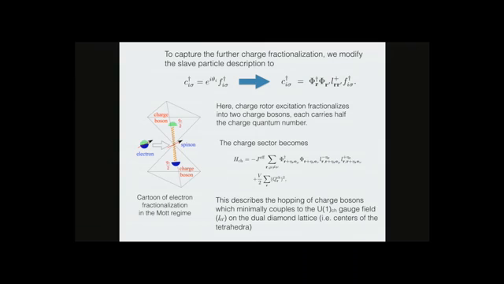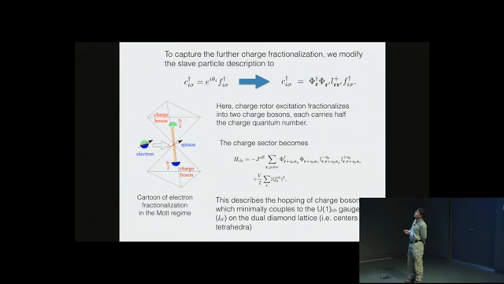To capture this extra charge fractionalization in the charge sector, we need to modify the slave particle description from this slave rotor formalism to this more complicated slave particle description. Here, the charge rotor excitation is fractionalized into two charge bosons. Here, phi is the charge boson, and each of them carries half the charge quantum number.